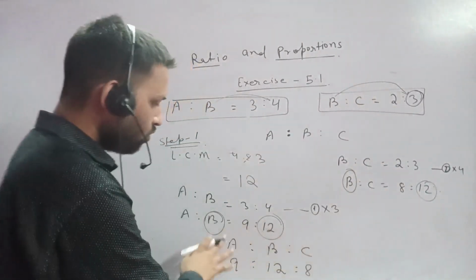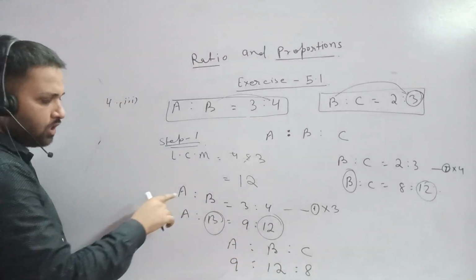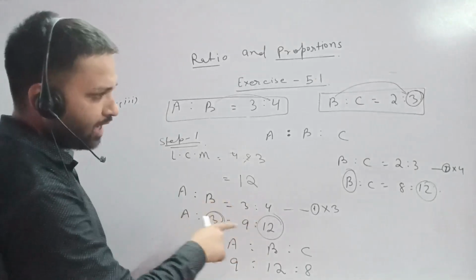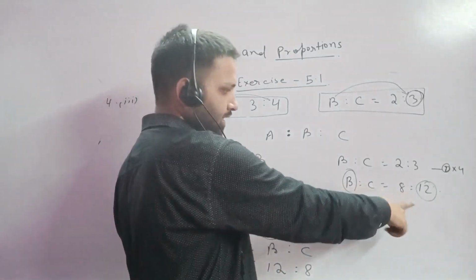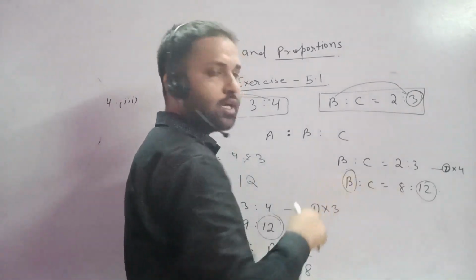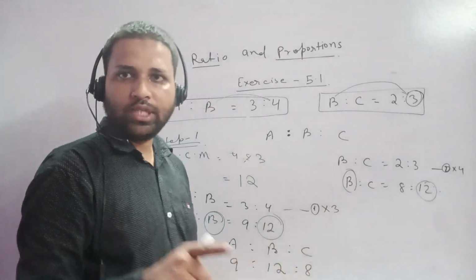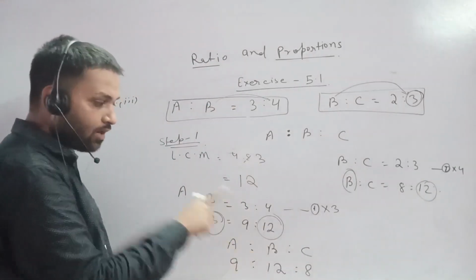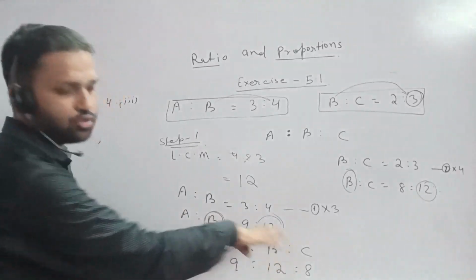You get 12. Now you compare, because the first and second person's income is 9 is to 12 and the second and third person's income is 8 is to 12. Then you can say that the income ratio of all three persons is 9 is to 12 is to 8.